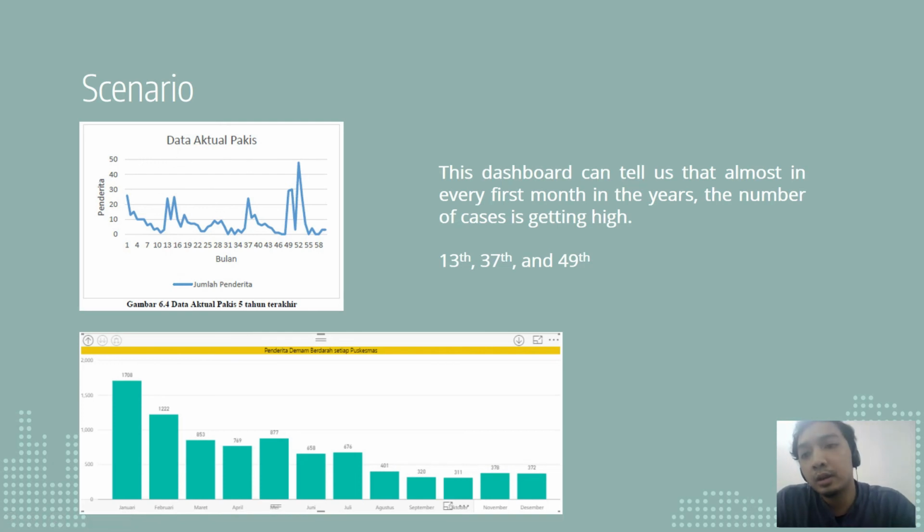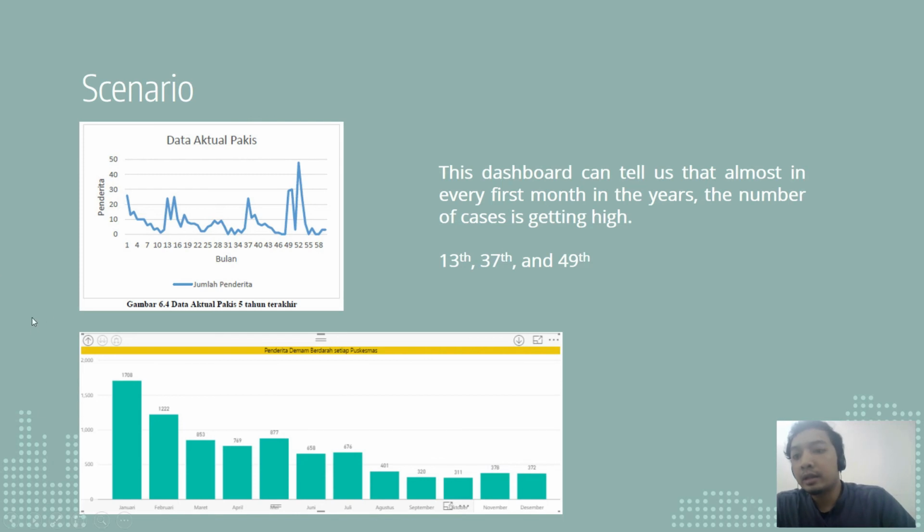The 13th month means the first month in the second year. And then we can see at the 37th month the graph is increasing again. The 37th month means the first month in the third year. And at the last, this month is 49, which means the first month in the fourth year.